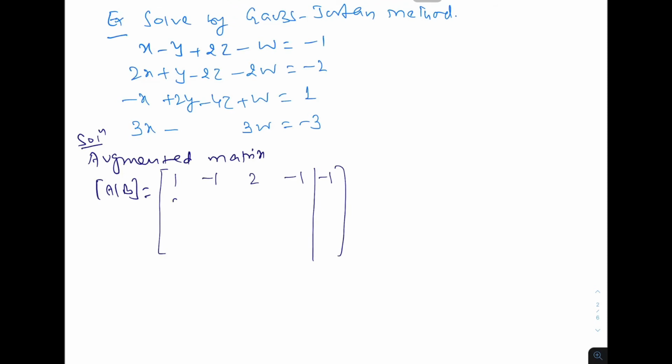From second row we have 2, 1, -2, -2, -2. Then my third row -1, 2, -4, 1, 1. Then 3. Now there is no y and z, so this is 0, 0 and this is -3.